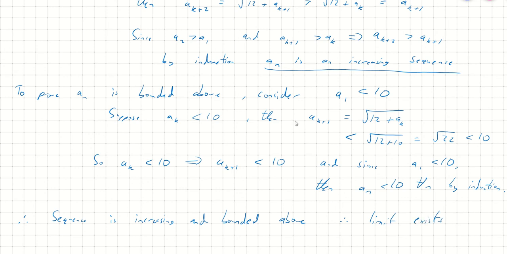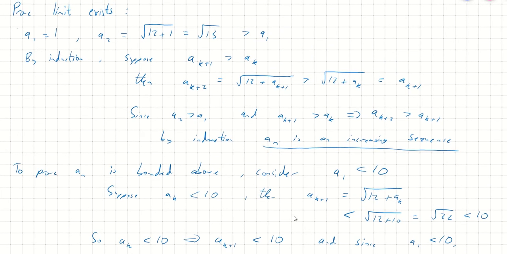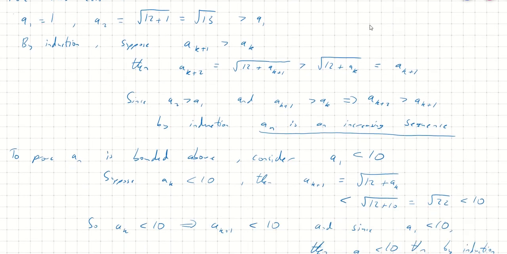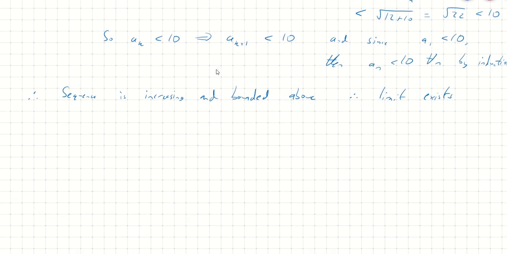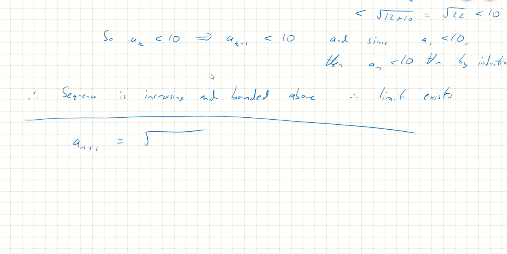Okay, and now to find this limit, let's go back to our original definition. Our original definition, a(n+1) was equal to the root of 12 plus a(n). So the limit is this.